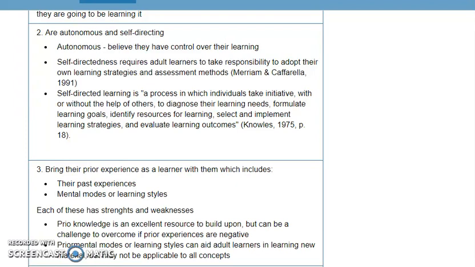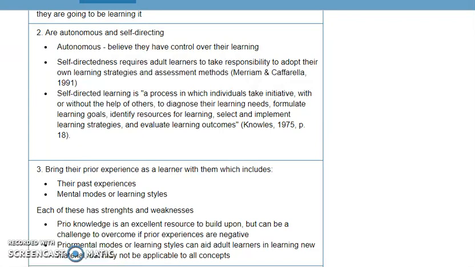The second one is that adult learners are autonomous and self-directing. Adult learners believe they have control over their learning, and they want to take responsibility for their own learning. And you all know how best you learn, and you know how to go about learning.